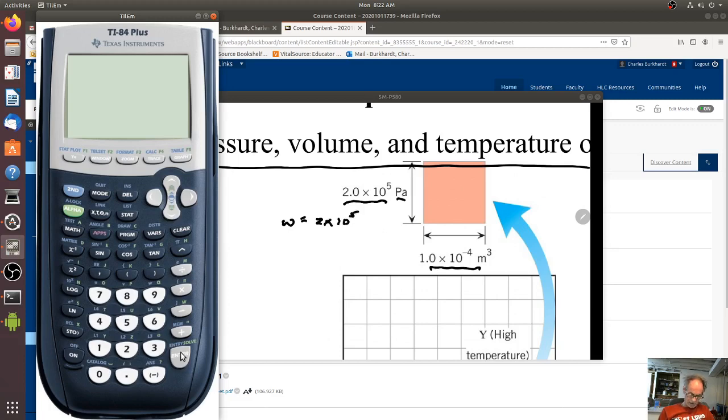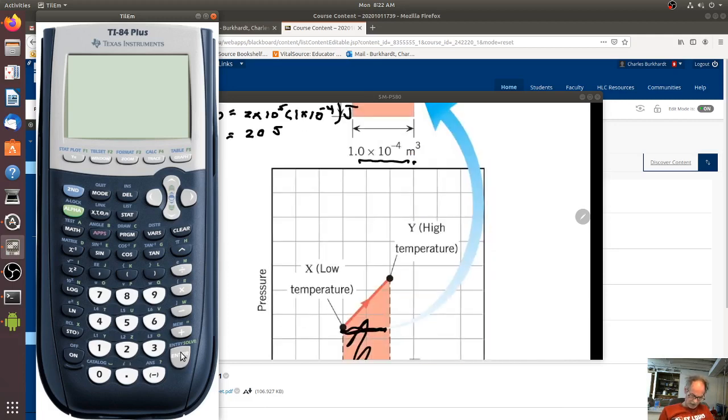Once again, a Pascal times a meter cubed is a joule. So times 1 times 10 to the minus 4. I can do that in my head. So each little square has an amount of work of 2 times 10 to the 1, 20 joules.